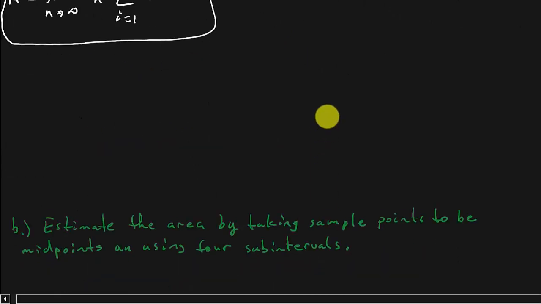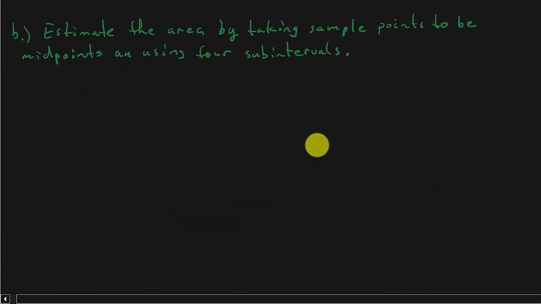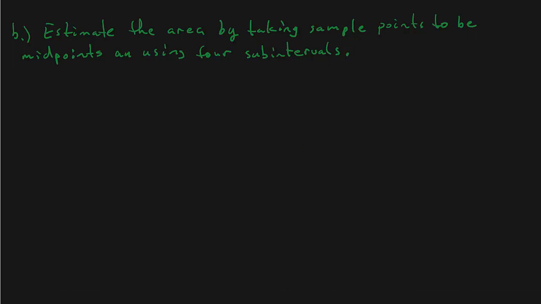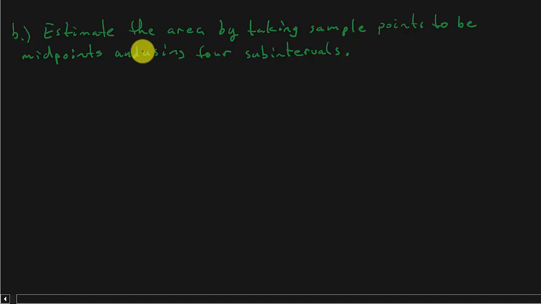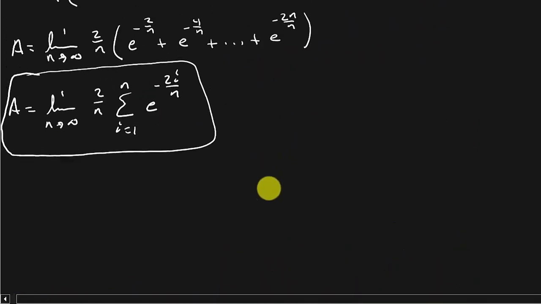All right, now there's a part B to this problem also. Now it's telling us to estimate the area by taking sample points to be midpoints, and using 4 subintervals. All right, so we're going to do the same problem.